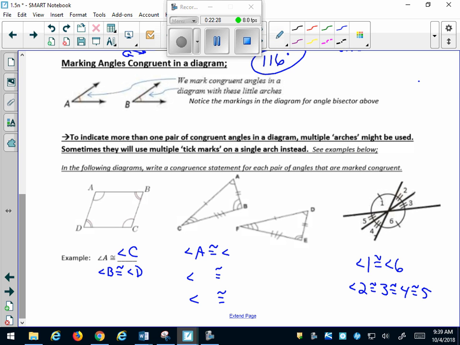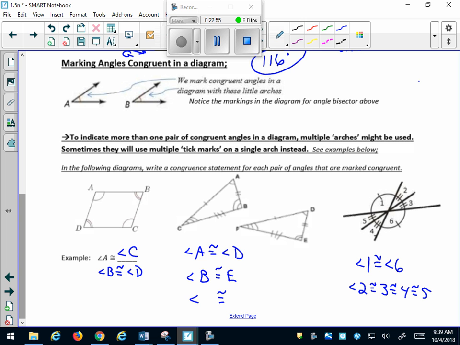So what did you get for diagram 2? A is congruent to... just finish these congruences in diagram 2. So A would be congruent to what? D, right? And B would be congruent to E, right?